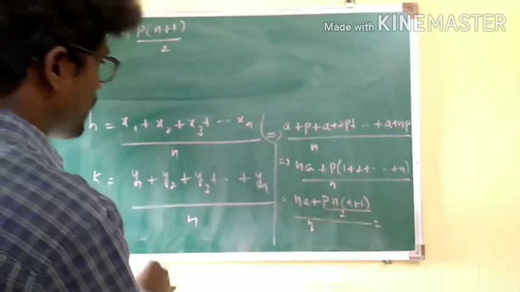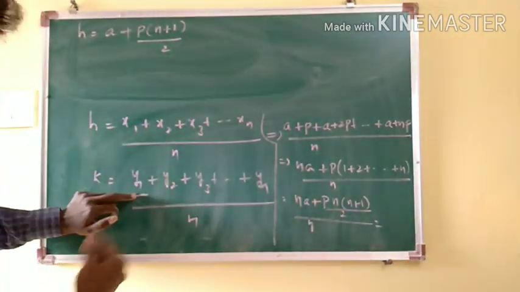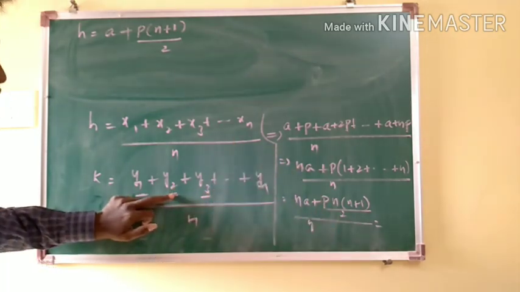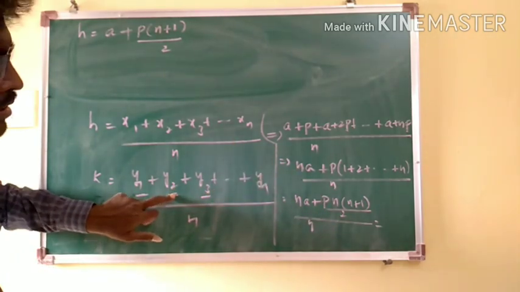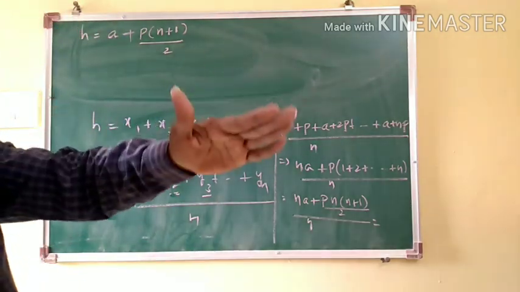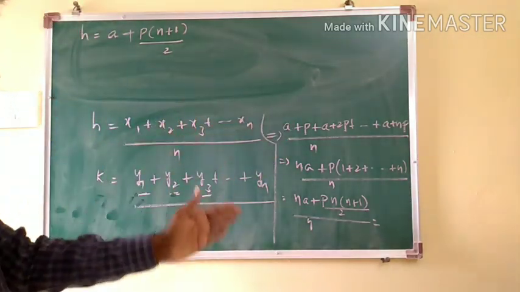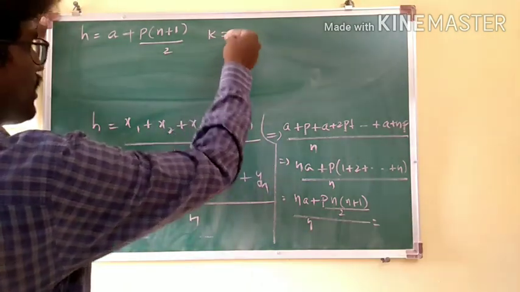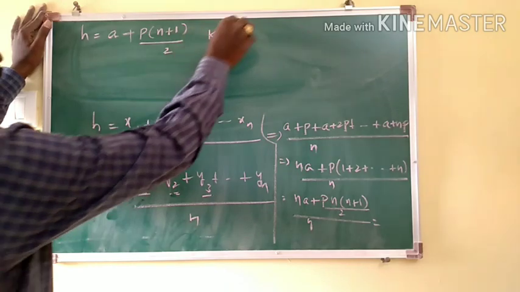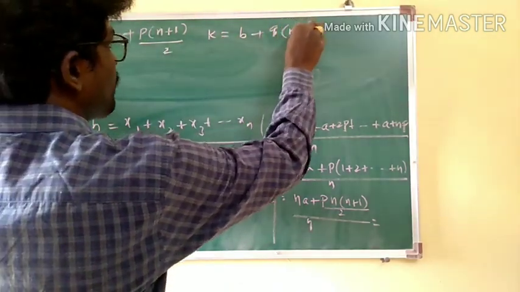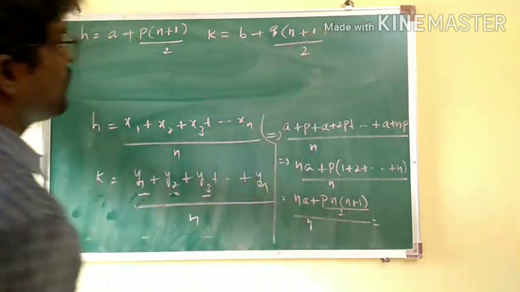Here we have the first term as b plus q, b plus 2q, b plus 3q, because the common difference is q here. There the common difference is p, and the first term was a, so a plus p, a plus 2p. Here b plus q, b plus 2q, b plus 3q, and so on. So what you will get as k is equal to b plus q into n plus 1 by 2, where instead of a you have b, and instead of p you have q.